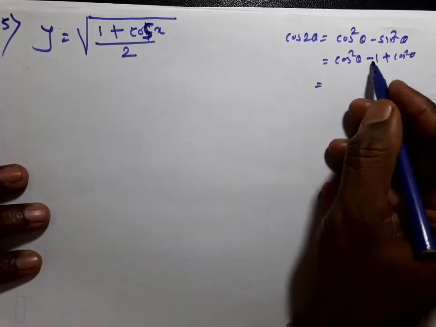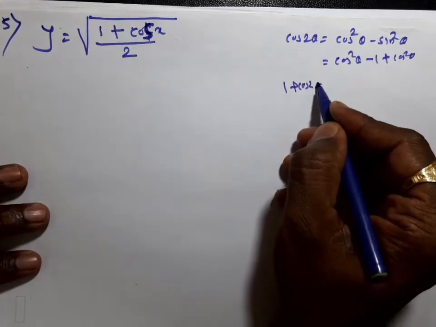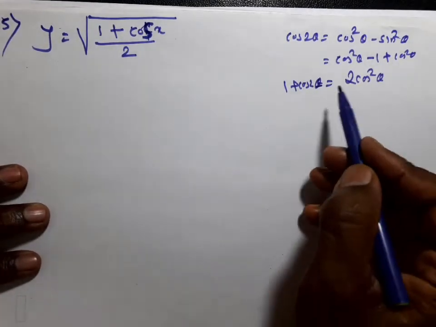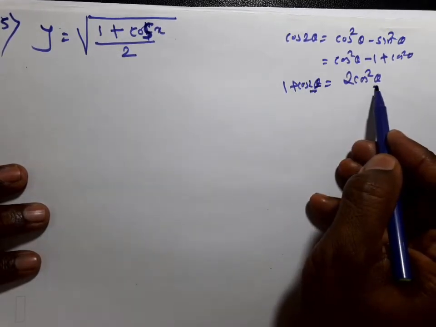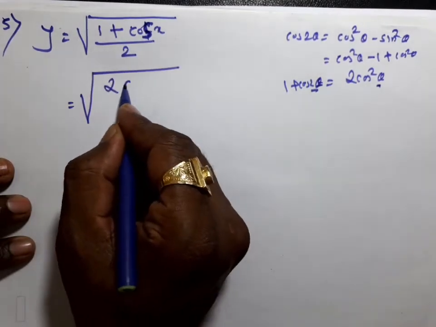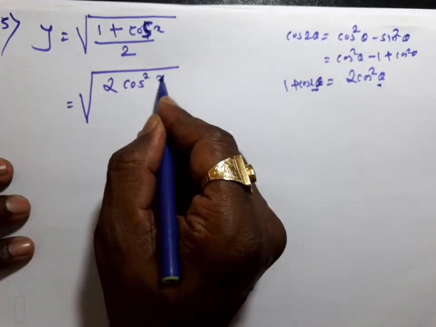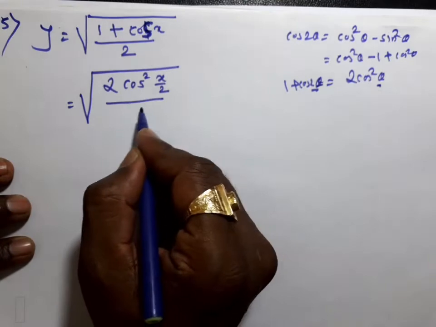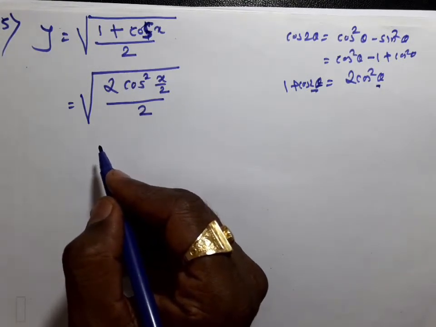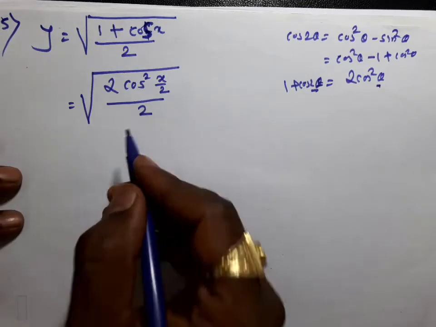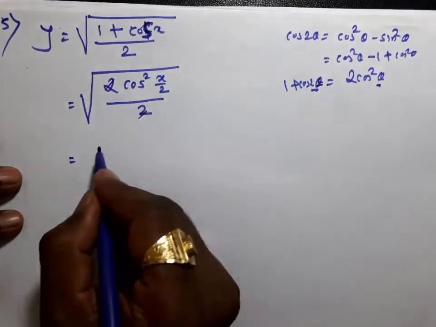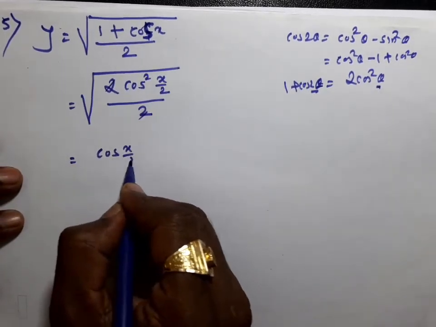So 1 plus cos 2 theta is 2 cos square theta. Here 2 theta is x, so theta is half of x. So this is nothing but 2 cos square x by 2 upon 2. The 2 cancels, and it is simply cos x by 2.